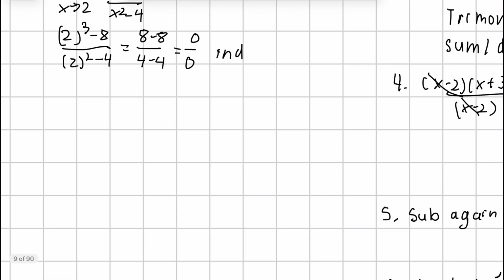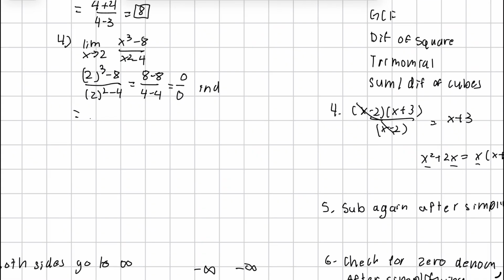So we're going to do the same thing and factor. We have the limit as x approaches 2, and the numerator x cubed minus 8 we can factor as x minus 2 and x squared plus 2x plus 4. In the denominator, we can write x squared minus 4 as x minus 2 times x plus 2.